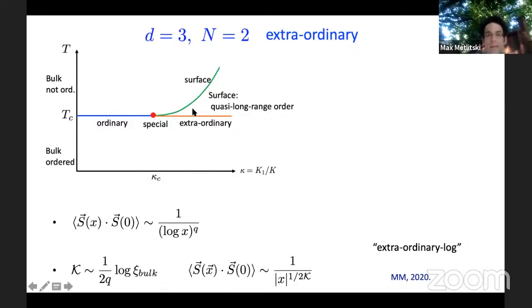If you go to t greater than tc, you perturb in the bulk by the relevant operator to go to the bulk paramagnetic phase. Then on the boundary, at long enough distance scales, you will have this power law behavior. So essentially, if I'm not mistaken, on distances smaller than the bulk correlation length, you have this behavior, and on distances larger than the bulk correlation length, you have this behavior.